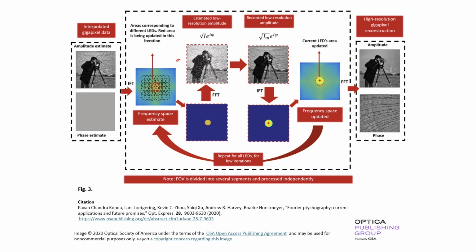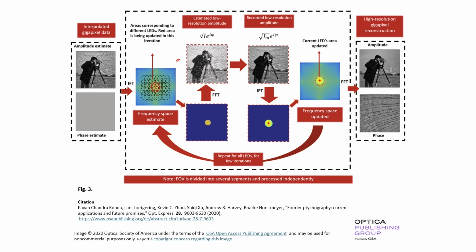Now, in the case of full-scale phase retrieval, we did this between the Fourier space and the image space, and we cycled back and applied some kind of constraint, typically a support constraint on the image or its Fourier transform.